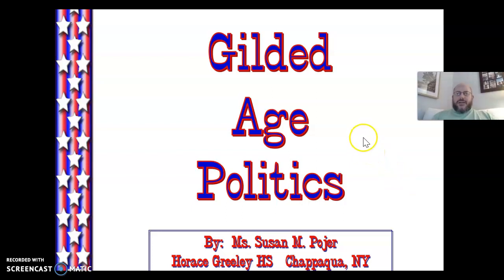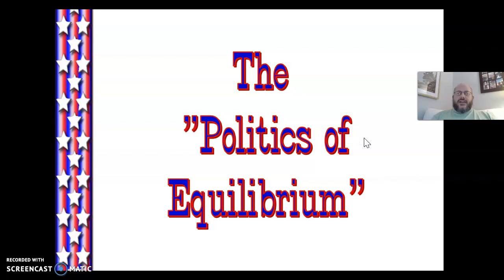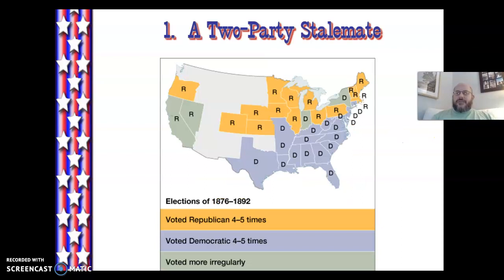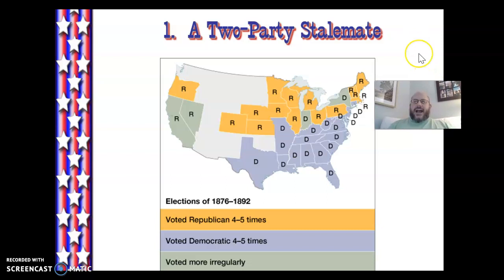So, with that being said, let's talk about how politics was defining America at this time. And as you can see here on this slide, it's the idea of the politics of equilibrium. The Civil War is still going to be having an impact on how Americans are aligning politically.